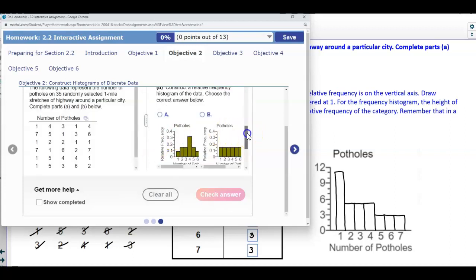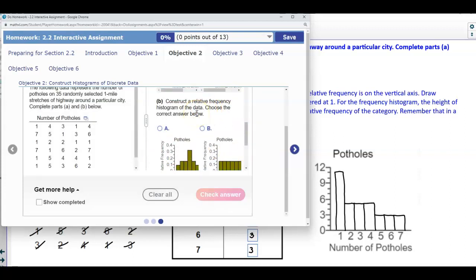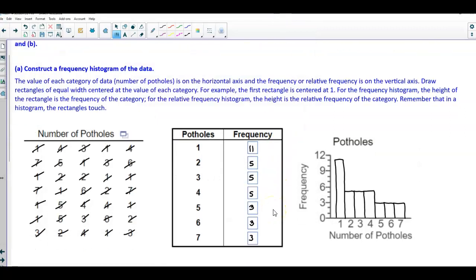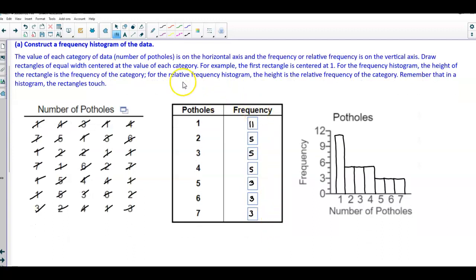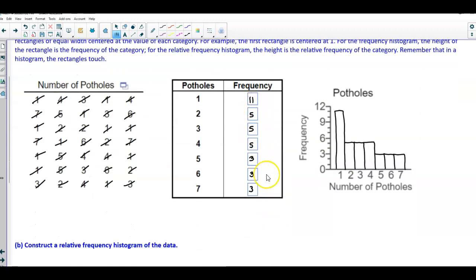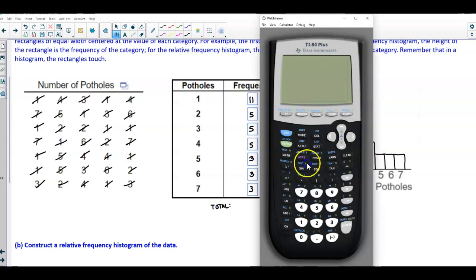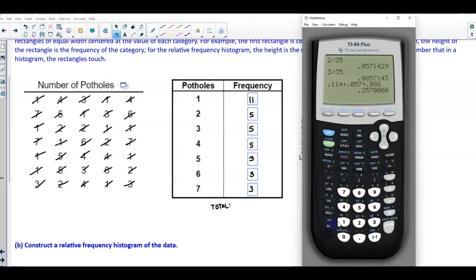Now we want to construct a relative frequency histogram of the data. First and foremost, we know that we have a total of 35 potholes, but let's check that we have the correct total. Taking our calculator, 11 plus 5 plus 5 plus 5 plus 3 plus 3 plus 3 gives us 35.